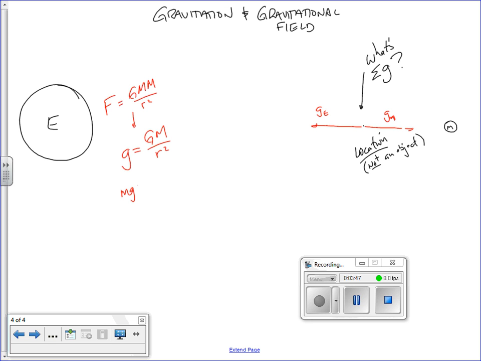So if mg is G M m over r squared and we get rid of one of these m's, there's our expression for g. So if we want our net g to equal 0, we're going to say that g Moon minus g Earth is 0, or g Moon equals g Earth.